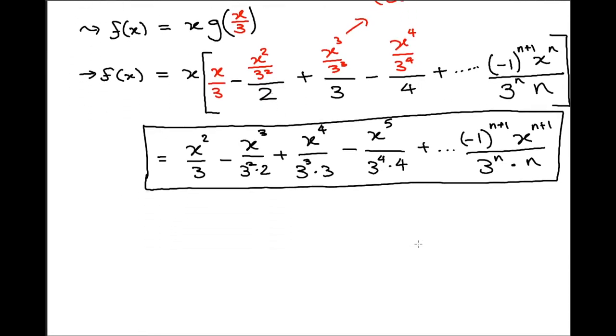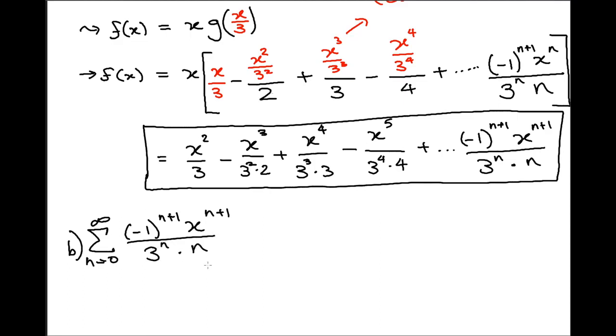Okay, so basically what it's asking for is to find the interval of convergence of this infinite sum from n equals 0 to infinity of negative 1 to n plus 1, x to the n plus 1 over 3 to the n times n. Try to find the radius of convergence of that guy.